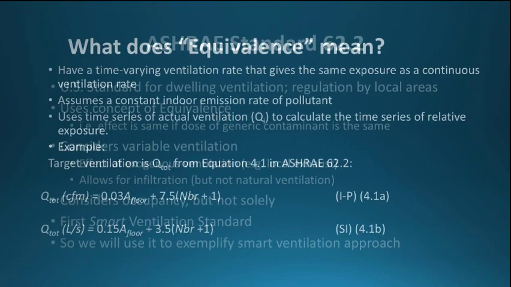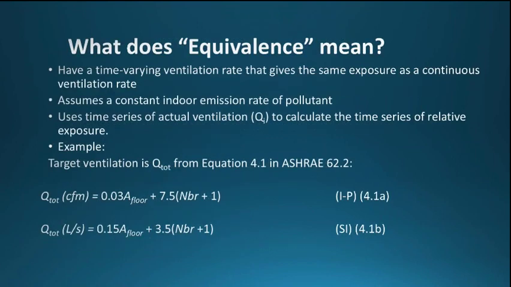So what does equivalence mean in a little more quantitative sense? It means that if you have a time-varying ventilation rate, it should give the same exposure as the continuous one. And so we have to do a little math to find out what the equivalence definition is. Now, these rates on this slide are the rates from Standard 62.2.